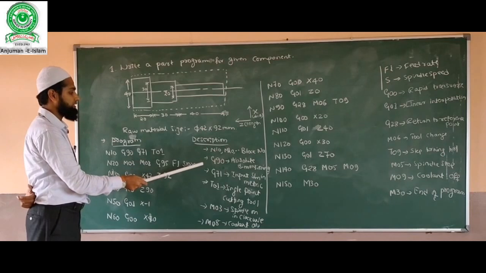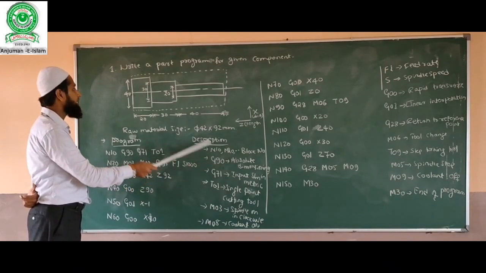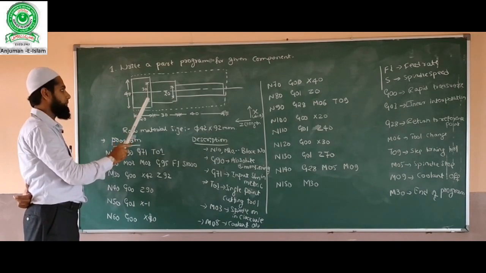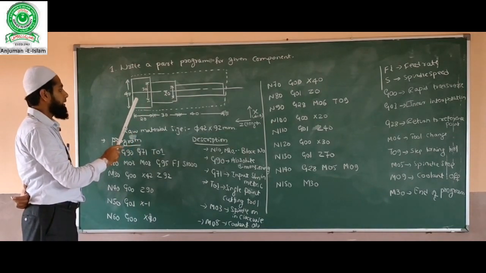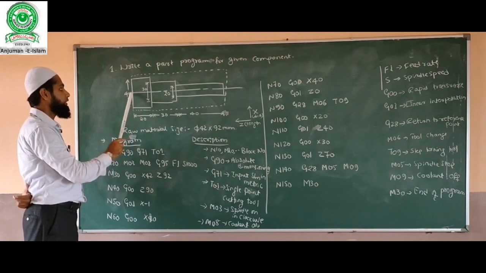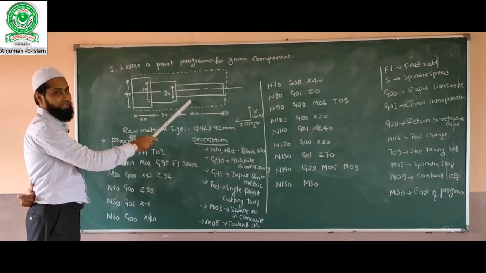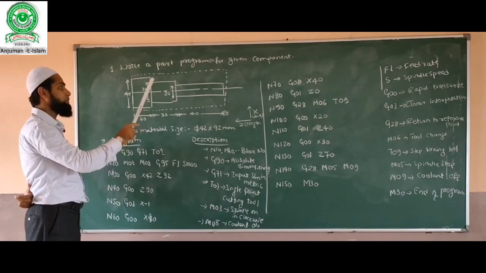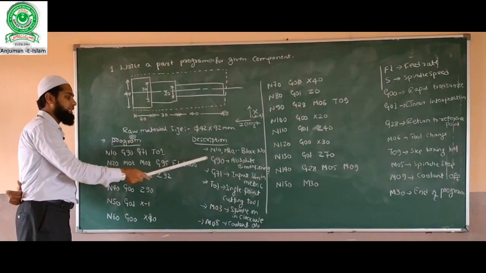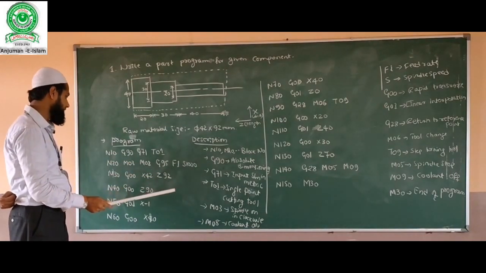Whereas in incremental dimensioning, when we use the G91 command, it will take the preceding point as reference. Z20 means it will move here, again Z50 means it will move from this point to the next point, as this is the reference point for the next movement. That is the incremental dimensioning. But here we are taking G90 as absolute dimensioning.